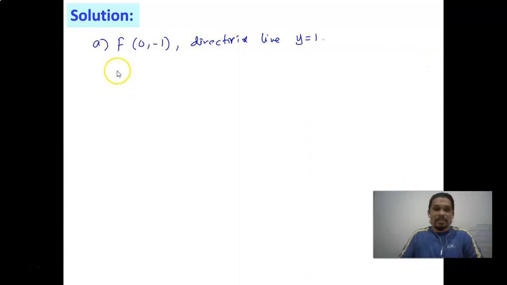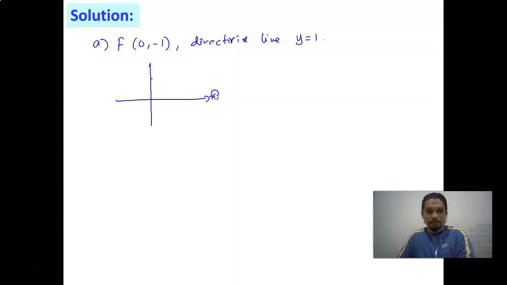Okay, so let's sketch it so we can see clearly the picture of this graph. The focus is (0, -1). And then the directrix line is y equal to 1.